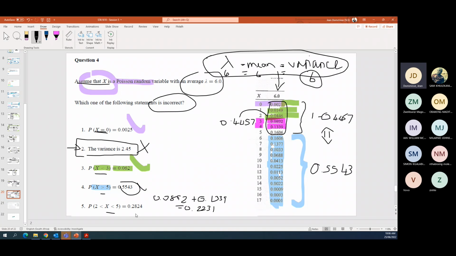I'm wondering, no, I actually don't know, because I'm now adding. Okay, so they wanted it to be something like this. So this is actually also wrong.